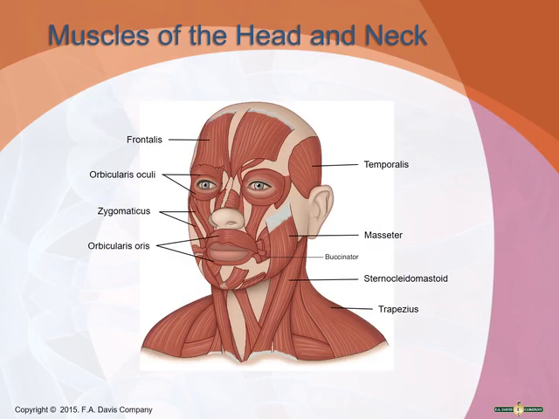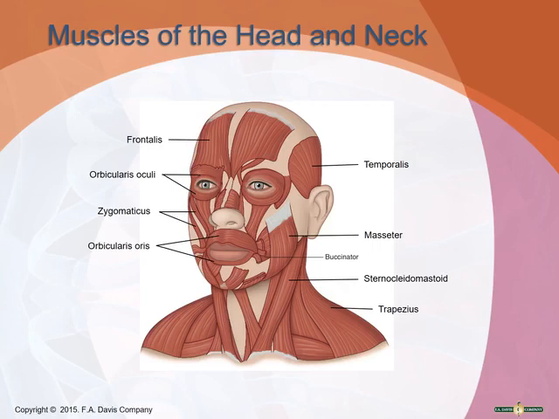In the head and the neck, there are several muscles of facial expression: the frontalis, the orbicularis oculi. That's the one that closes the eye when you're blinking or squinting, right here. Kind of makes sense because it's above and below the eye itself. The zygomaticus, that's what draws your mouth upward when laughing.